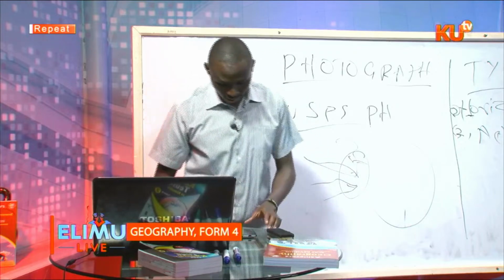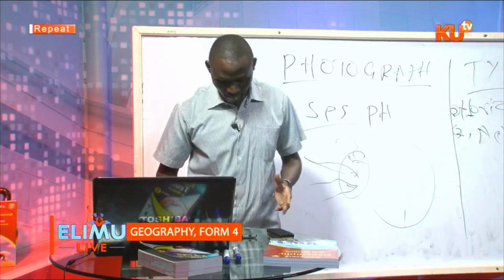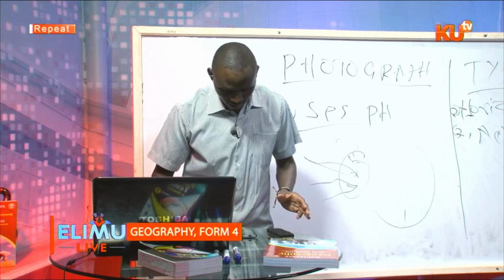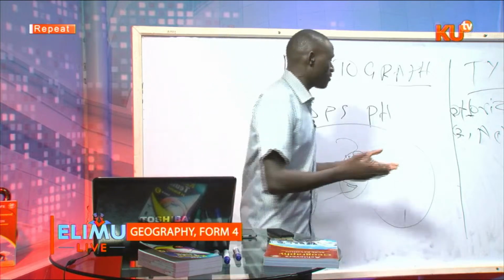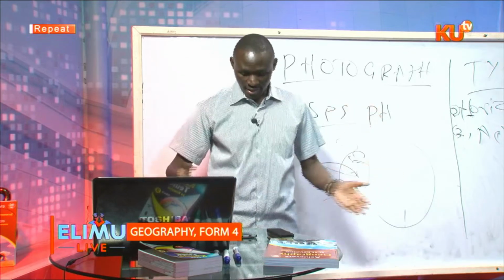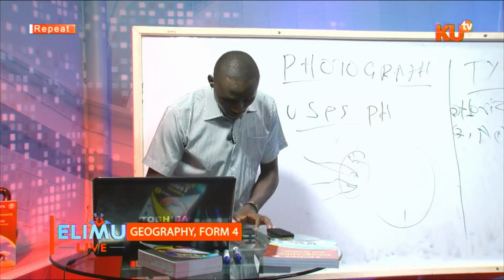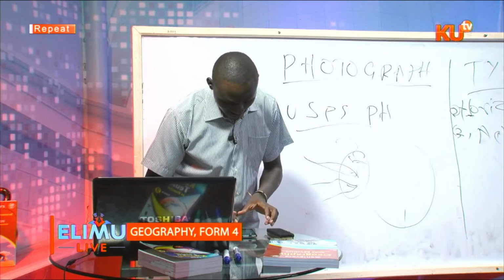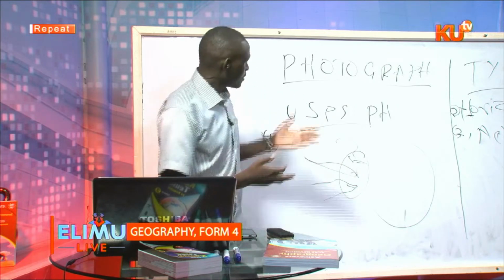The other question is, Hi teacher, I'm Flavian from Nyarach. What are the uses of the camera in geography? I've stated that if you are very keen, you've seen it's used for interpretation of features and all that. Somebody is also asking to explain the types of photographs.